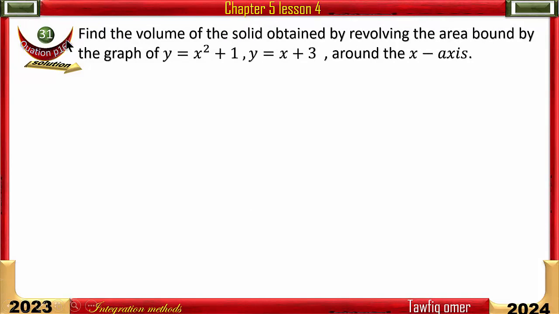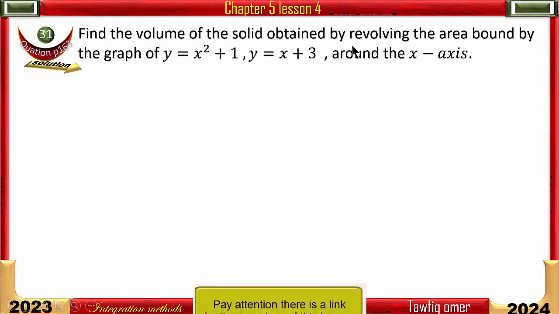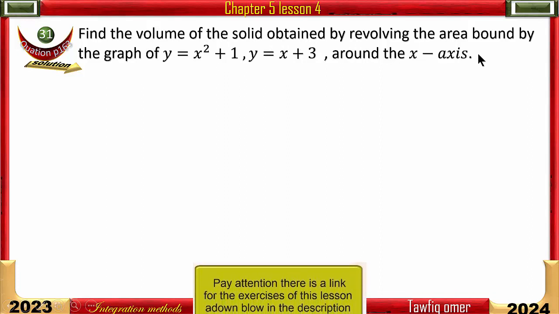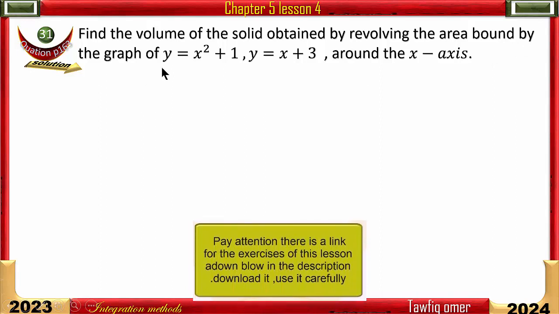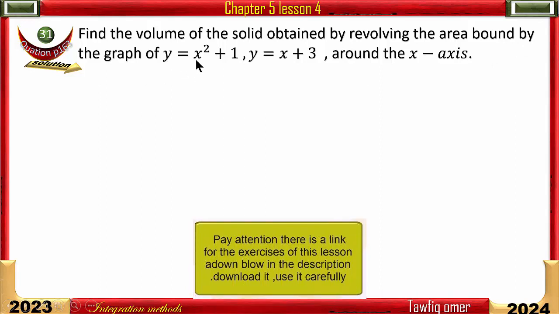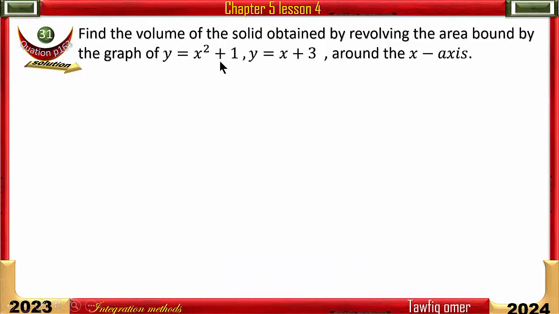Question number 31. Find the volume of the solid obtained by revolving the area bounded by the graphs of the functions y equals x squared plus 1 and y equals x plus 3 around the x-axis.